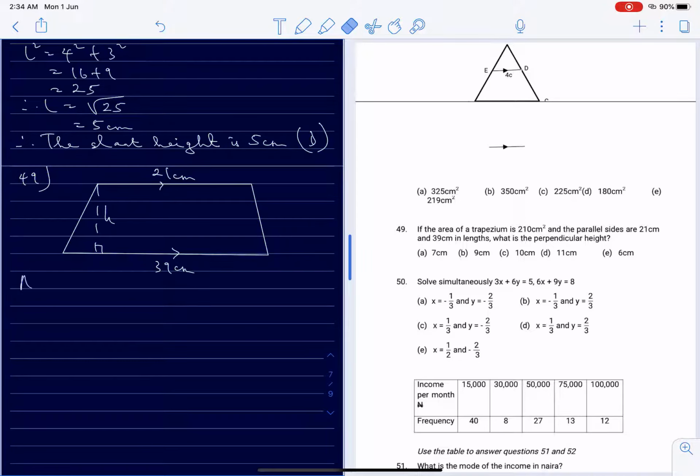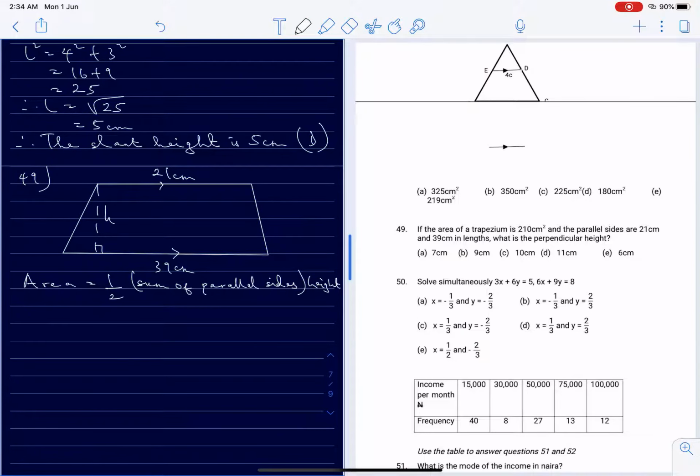We know that the area of a trapezium is half times the sum of the parallel sides times the height.